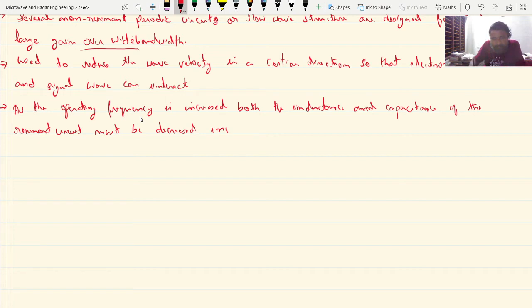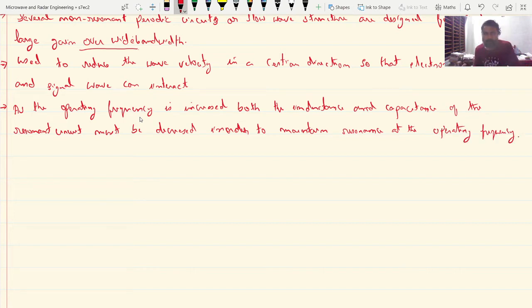Why? In order to maintain resonance at the operating frequency, because the gain bandwidth product is mainly limited by the resonance circuit.